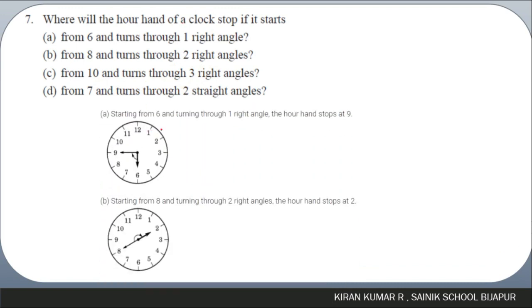When it starts from 6 and turns through 1 right angle, it stops at 9. When it is starting from 8 and turning through 2 right angles, it makes 180 degrees and it stops at 2.